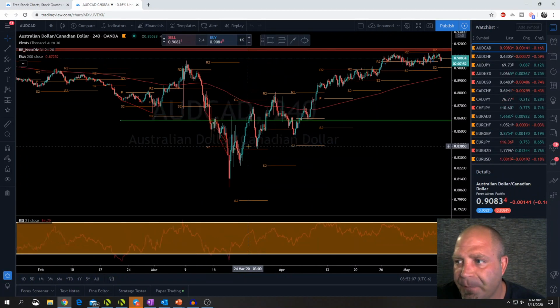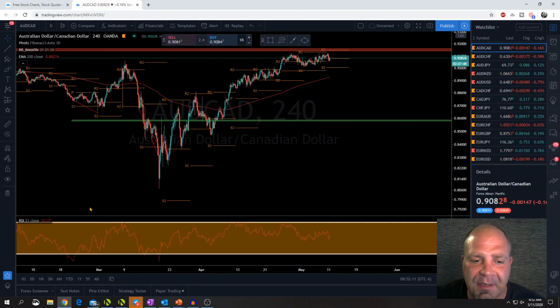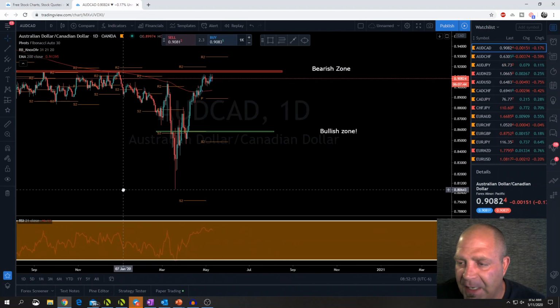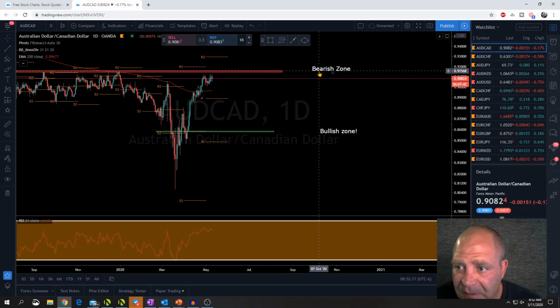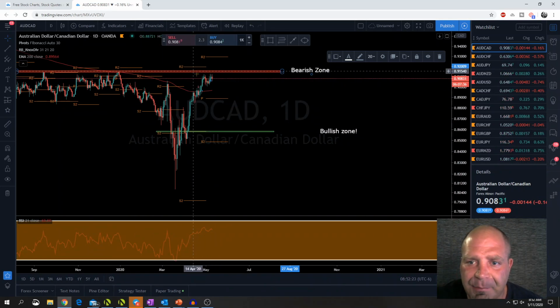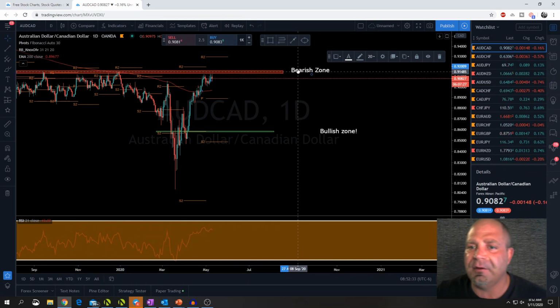All right, so Australian dollar, Canadian dollar. Let's go to our daily time frame. I guess we could use the 4-hour. But, all right, guys, I'm seeing a double top scenario. Double top-ish, right in an area of rejection, a resistance level.